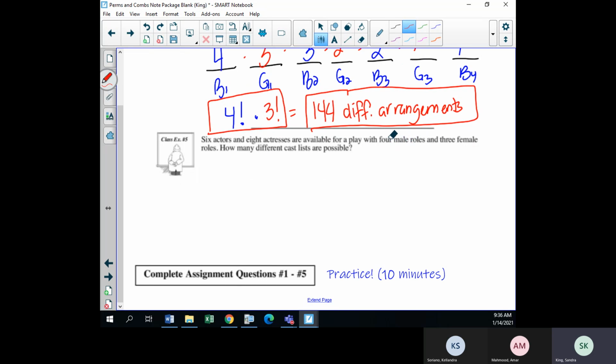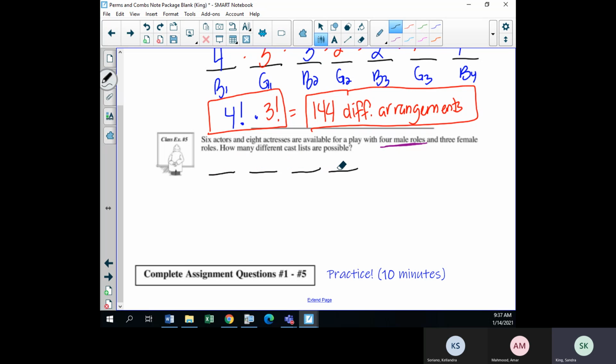So this would be like, if you wanted to do this as a fundamental counting principle, okay, I could show you. There's 4 male roles. 1, 2, 3, 4. Okay, so there's 4 male roles. What am I going to put here, though?